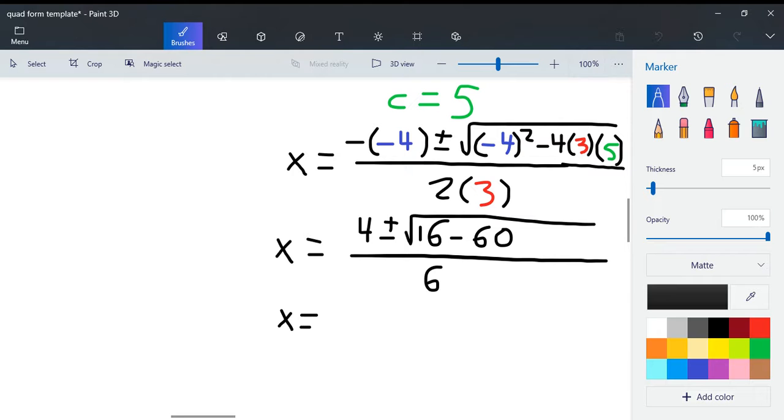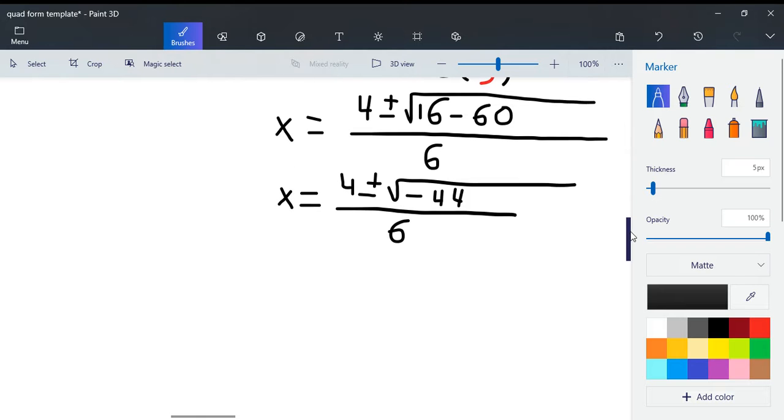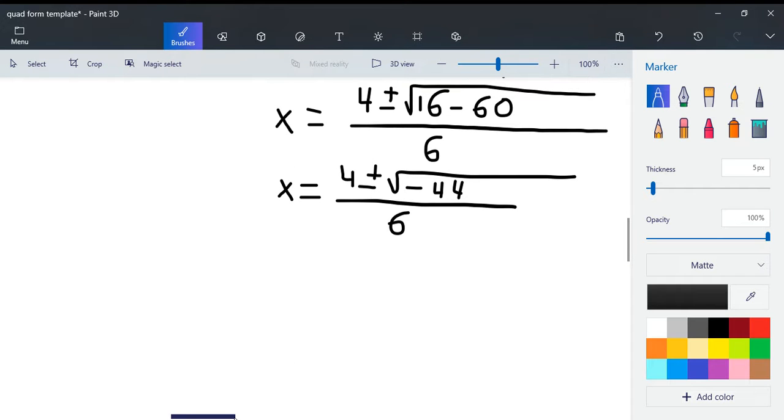So we have x equals 4 plus or minus the square root of 16 minus 60, which equals negative 44, all of which is divided by 6. We are not finished because we need to simplify the square root of negative 44.